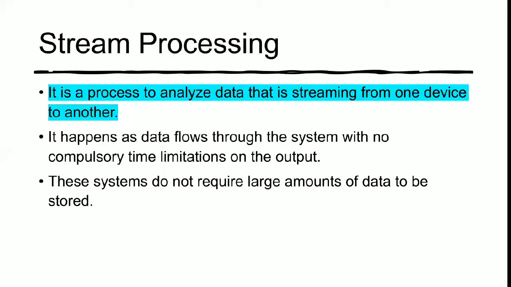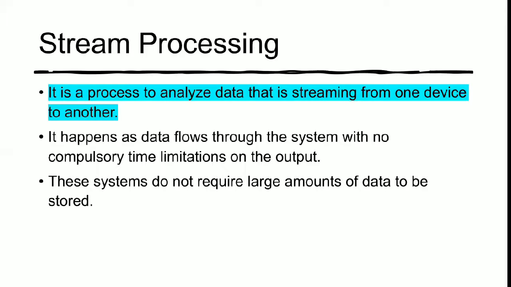Stream processing analyzes real-time data. For example, I have an Apple Watch, I receive calls and messages, and that data automatically goes to an Apple application. That data is transferred from the Apple Watch to the iPhone app. This is the definition of stream processing.